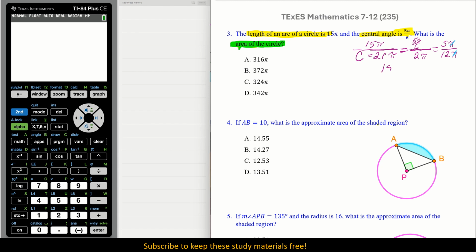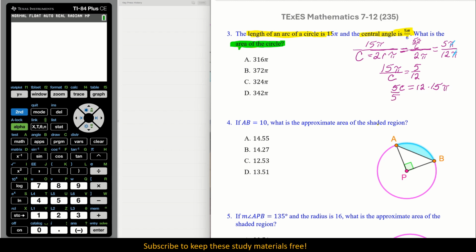We are working with 15 pi over the circumference equals 5 over 12. Okay, now we cross multiply. That gives us 5c equals 12 times 15 pi.